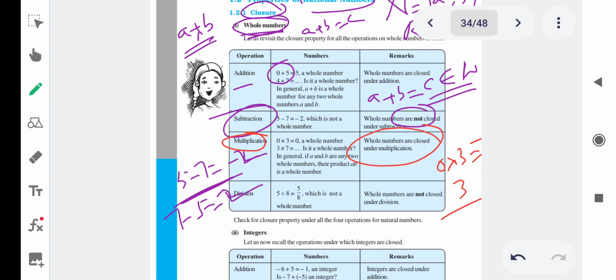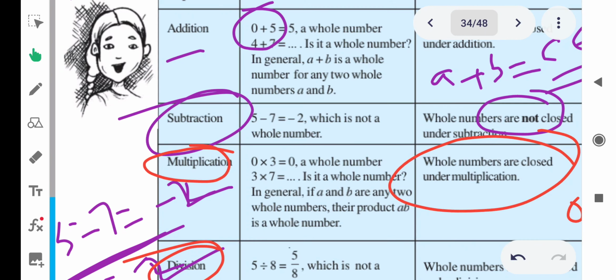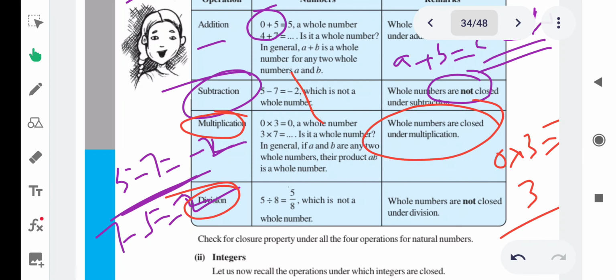Next, division. What does it mean in division? If I take two numbers and divide, I must get a number that again belongs to the whole numbers.